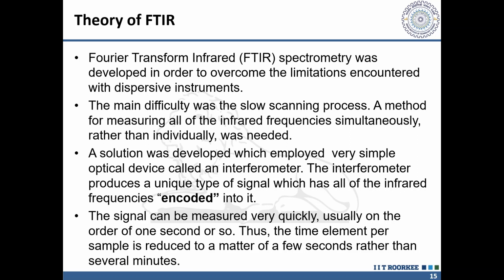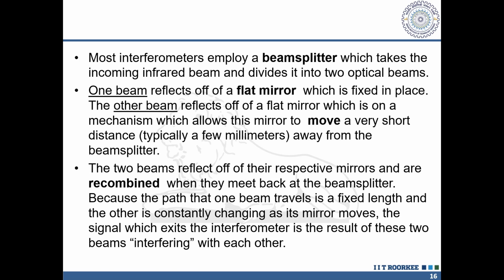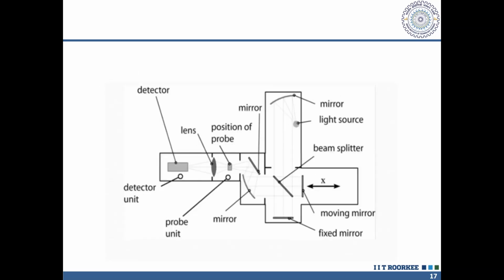A solution was developed which employed a very simple optical device called an interferometer. The interferometer produces a unique type of signal which has all of the infrared frequencies encoded into it. Most interferometers employ a beam splitter which takes the incoming infrared beam and divides it into two optical beams.